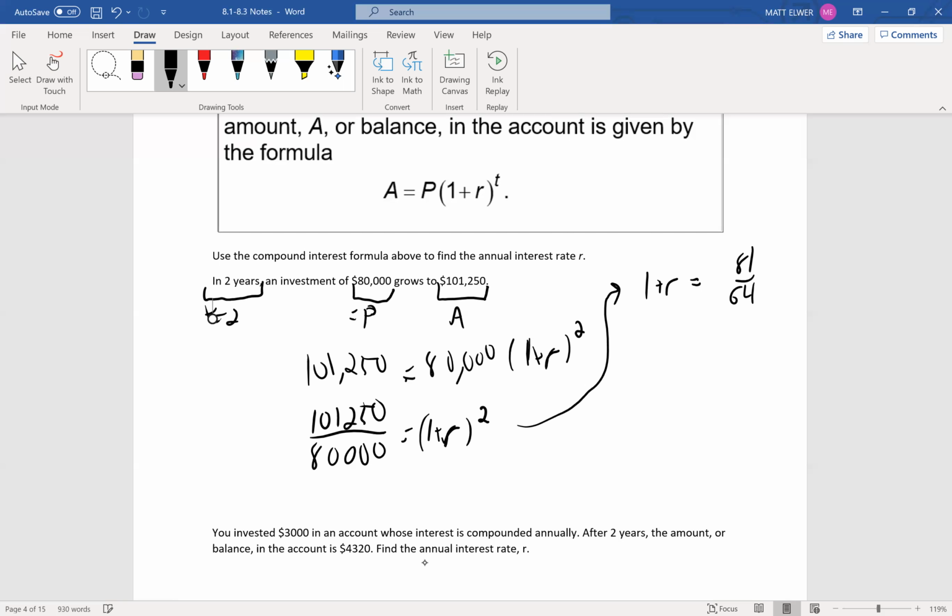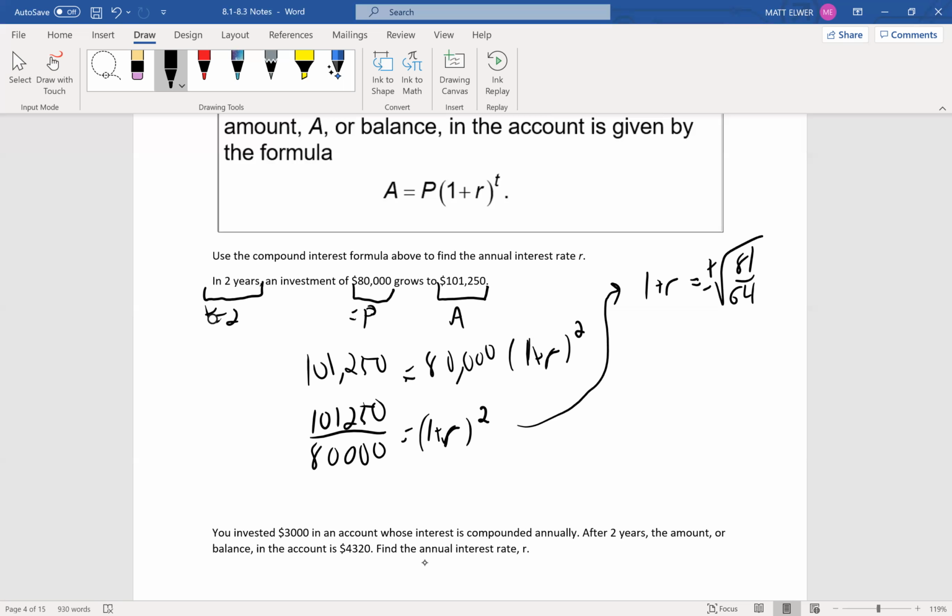So after we take out all our common factors, and we took the square root of that, right? So when we take the square root of both sides, we of course have to have plus or minus. And then notice that R isn't by itself, so we have to subtract 1 on both sides, right?